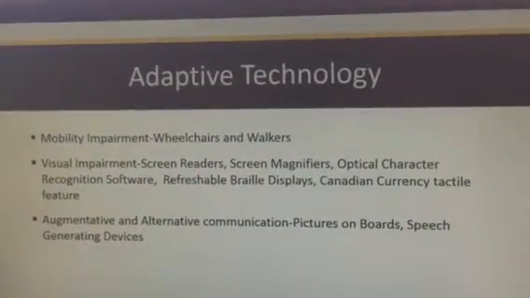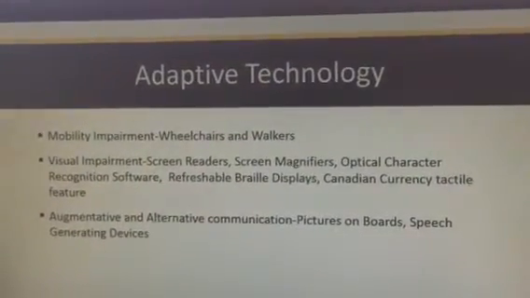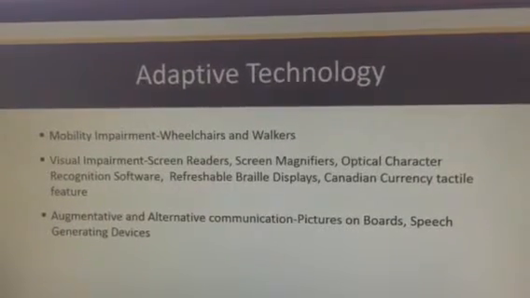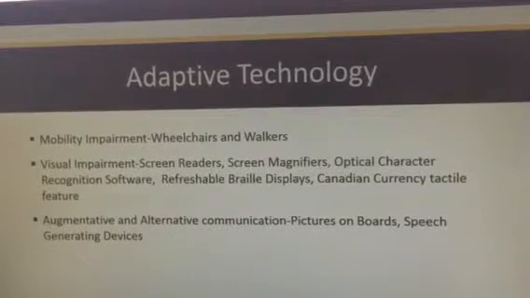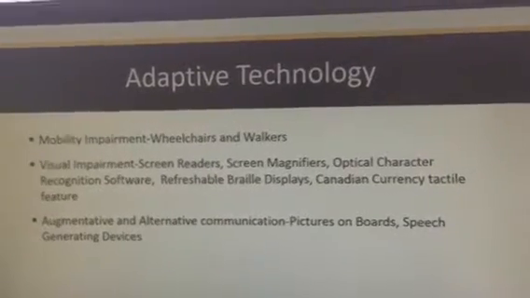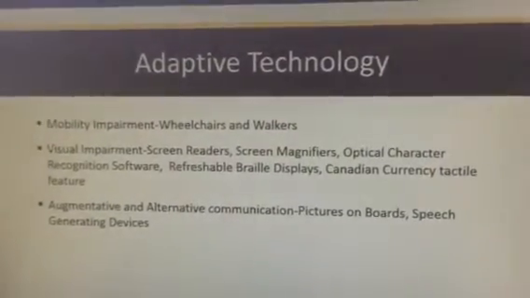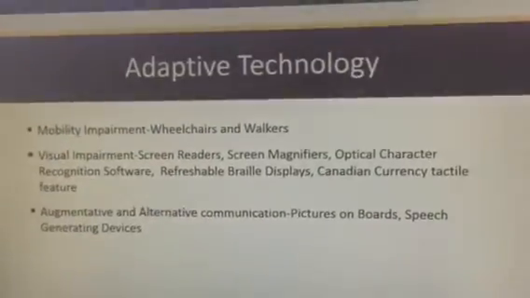And then augmentative and alternative communication for people who have difficulty communicating, and they have restrictions on the production or comprehension of written language or spoken language.